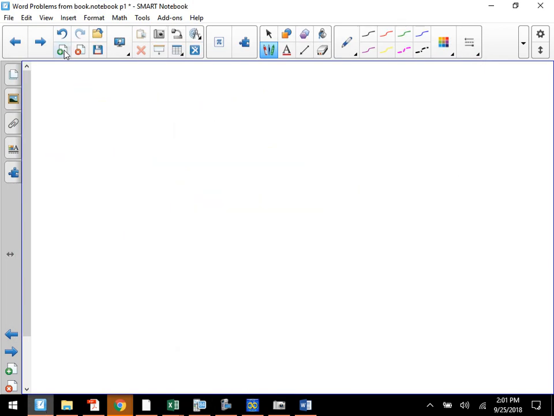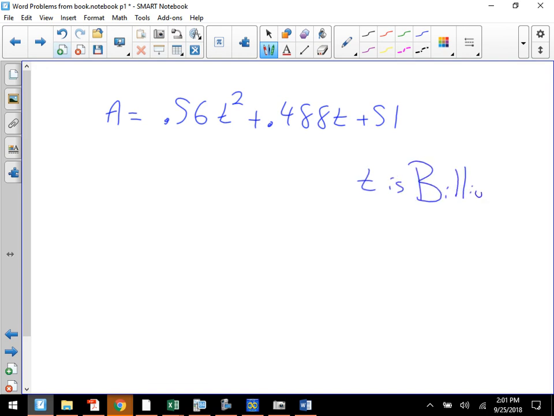The amount spent was 0.56t squared plus 0.488t plus 51, where the amount is in billions. So this started in the year 1989, which means year 0 is 1989.